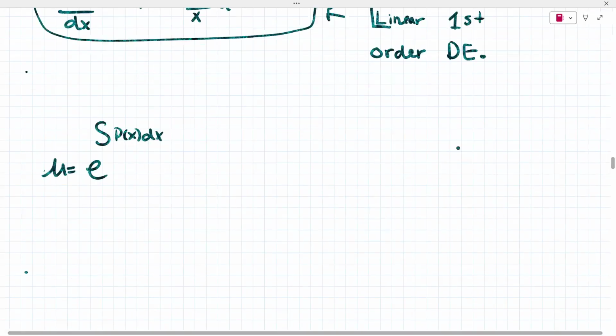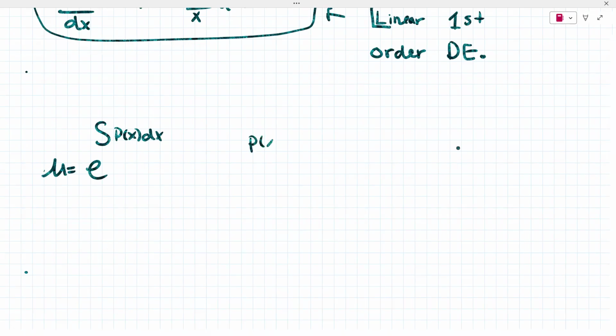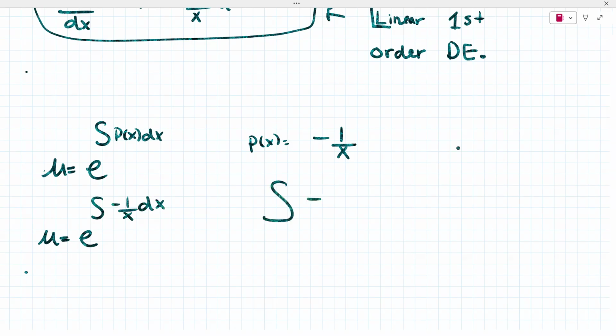Okay, here we are. So your mu is e raised to the integral of p of x dx, and my p of x was, or is, negative 1 over x. So it's going to be mu equals e to the integral of negative 1 over x dx. We do know how to take the integral of negative 1 over x dx, right?